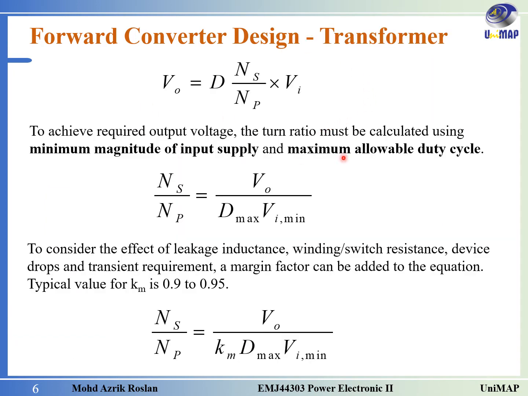This is the first step of our design, to design the transformer. For the simple design, we just need to find the turn ratio of the primary, secondary, as well as the reset winding.